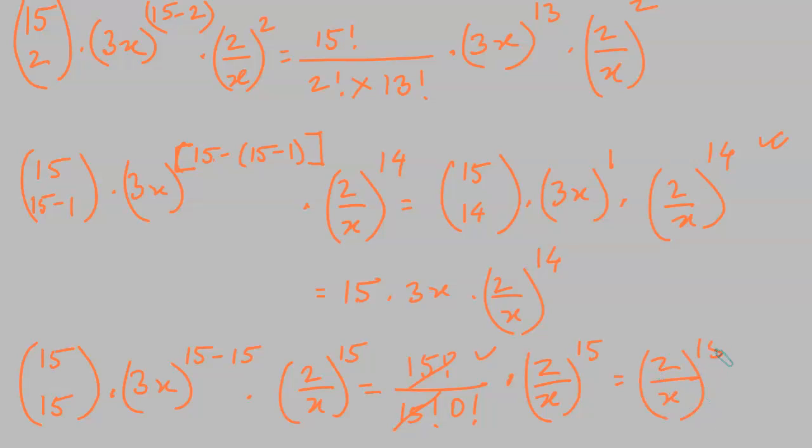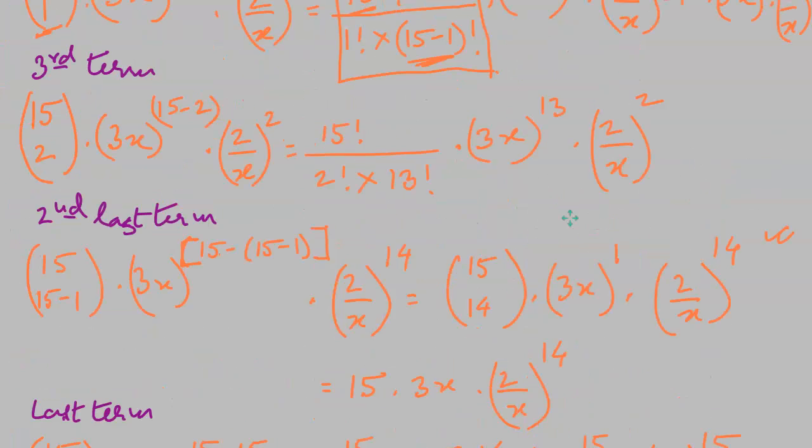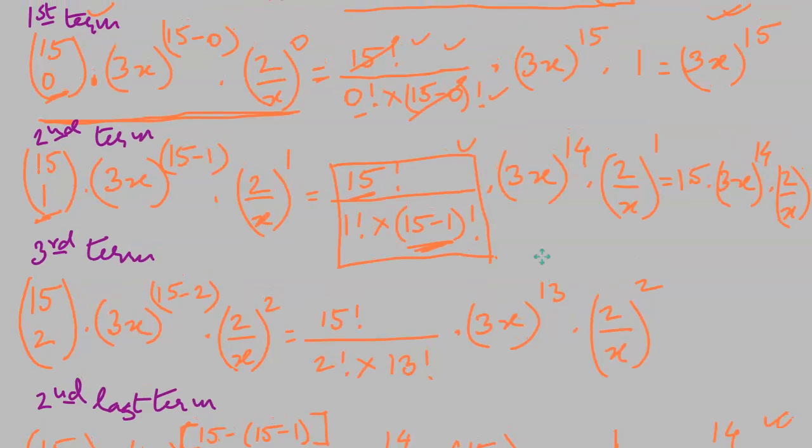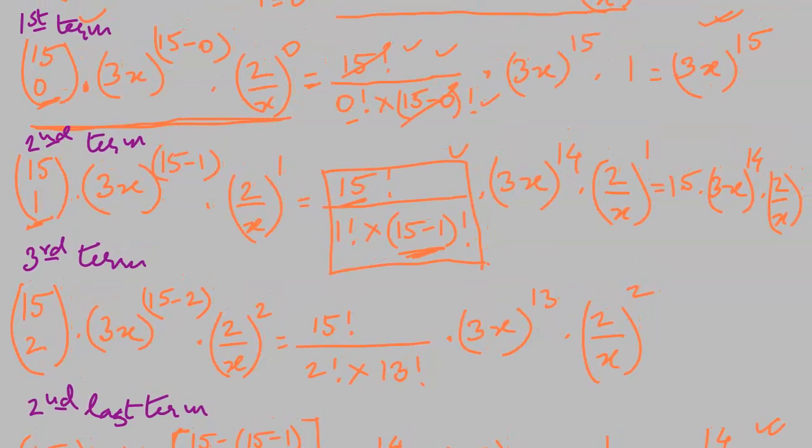Okay. So now let me write this to be the second last and this to be the last term. So this is the second last. And this is the last term. Okay. Now coming to the first term, that is 15C0, you see 15C0 was, this part was equal to 1. Okay.